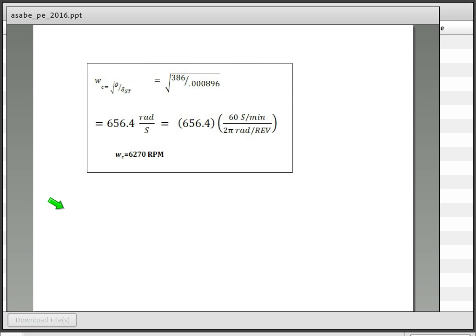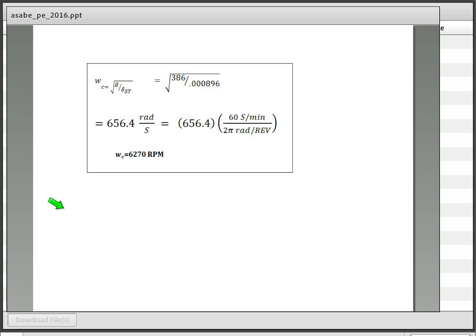Square root of g over the static deflection, g being 386 inches per second squared, divided by the static deflection in inches gave me 656 radians per second. Converted that to RPM, 6,270 RPM, the approximate resonant speed for that shaft that you'd want to avoid.